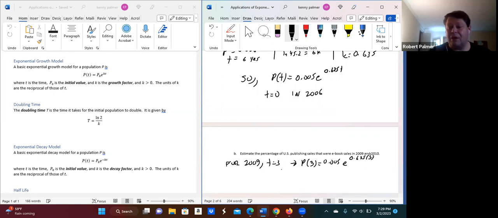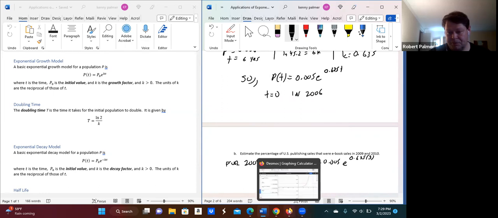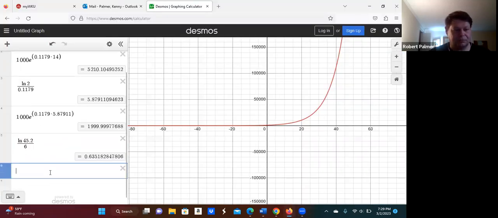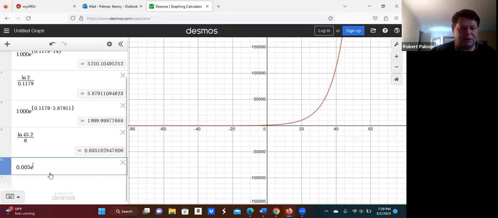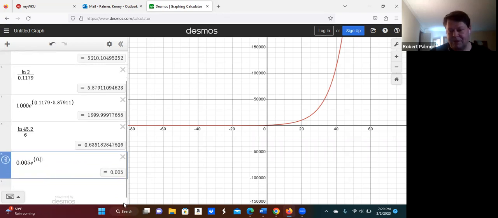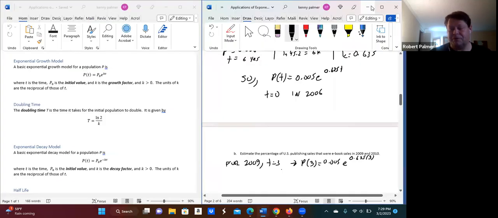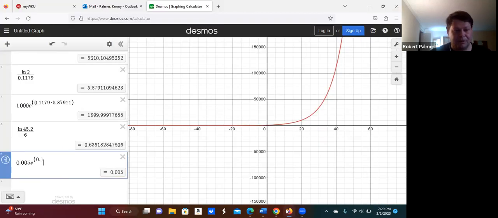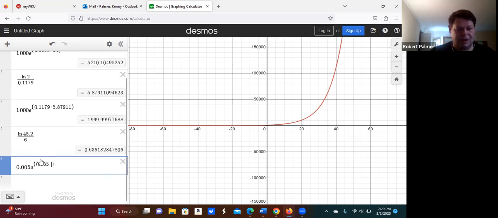Let's do that also in Desmos. 0.005 times e raised, and we're going to use parentheses, 0.635 times 3.